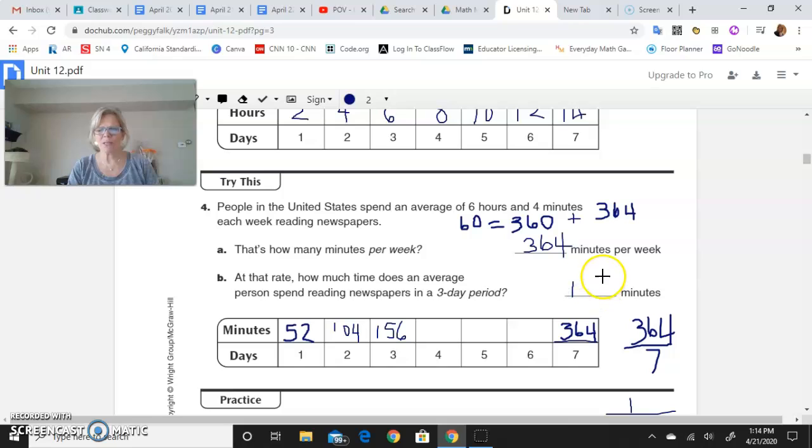Now you can keep doing this table. So 4 would be 208, and you can kind of do the math. This 5 would be 260, 6 would be 312, and 7 is 364.